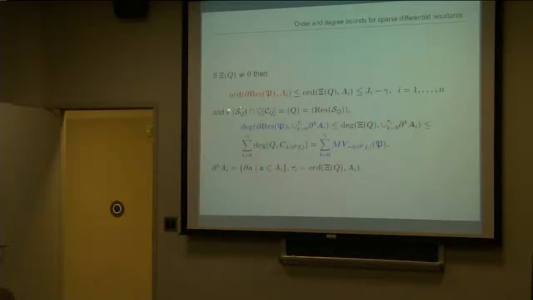If the resultant of this subsystem associated to Q is non-trivial, then it coincides with Q and generates this algebraic elimination ideal. And the degree of the differential resultant is less than or equal to the degree of this evaluation of Q, and this tau would be the order of the evaluation of Q. And because this is the algebraic resultant, the degree can be given in terms of mixed volumes.